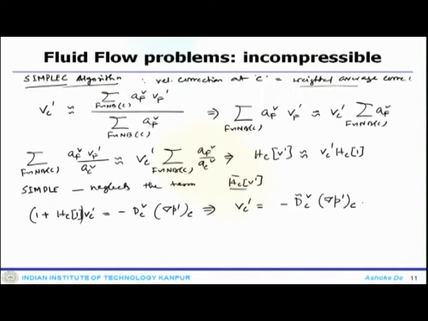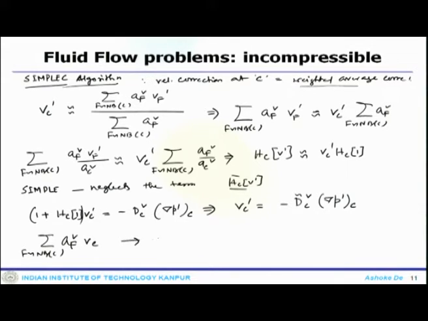So, now from here one can derive the pressure correction equation, and the same result can be achieved by adding and subtracting the term of summation over nb(C) of af Vc from the momentum equation.